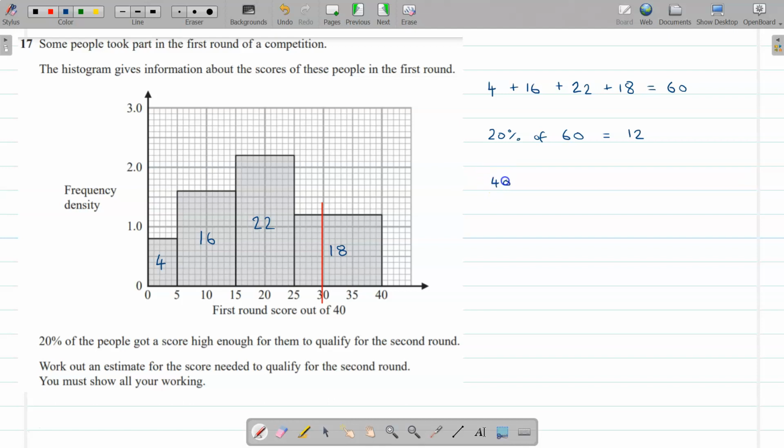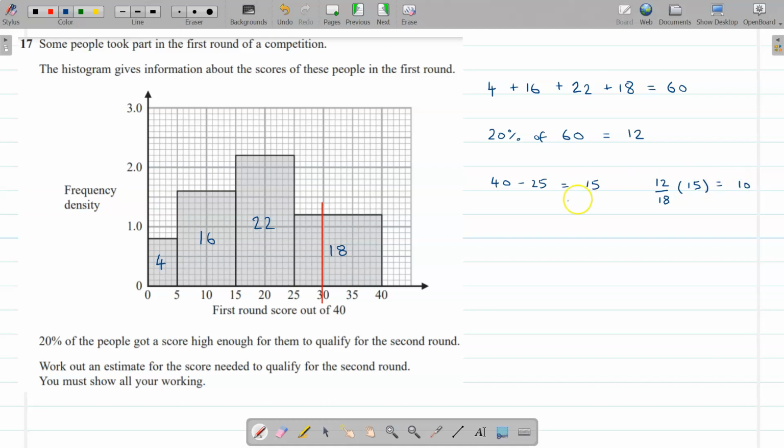So I'm just going to show that 40 minus 25, so that's the length of this base, is 15. And then I'm going to say 12/18 of 15, which is 2/3 of 15, is 10.